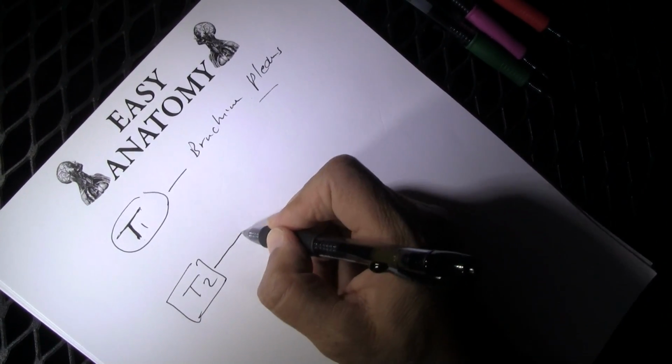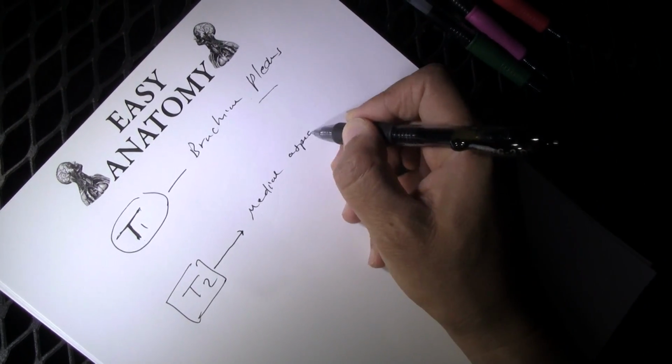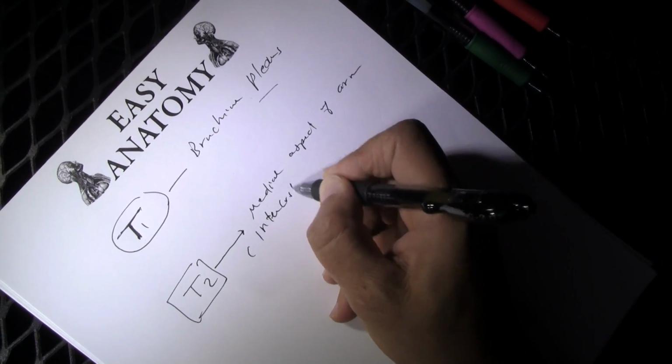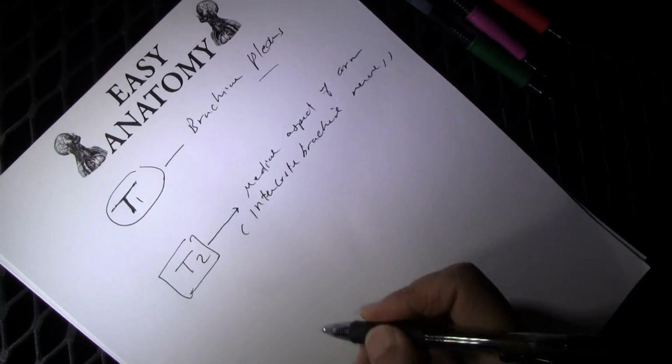Number 2 sends the cutaneous branch to the medial aspect of the arm called the intercostobrachial nerve.